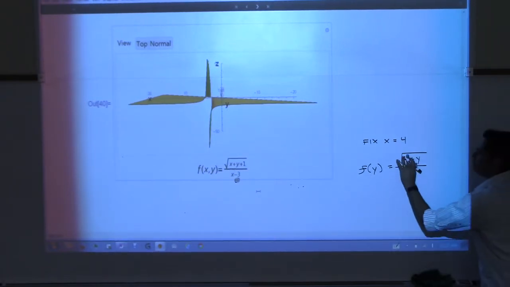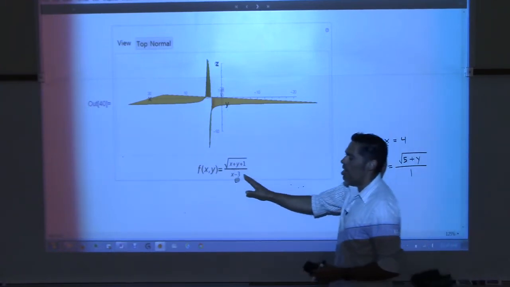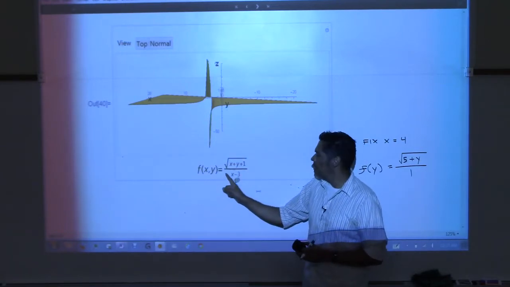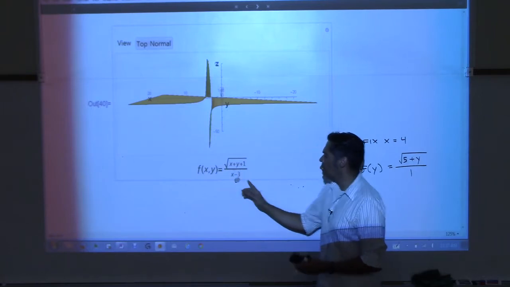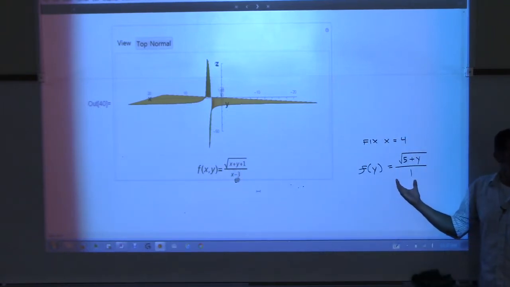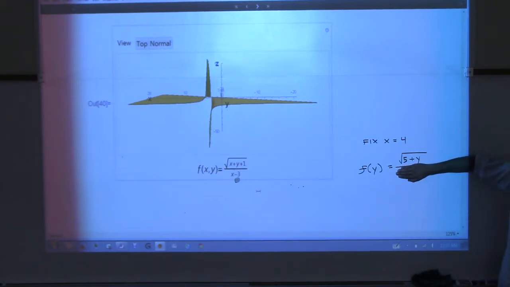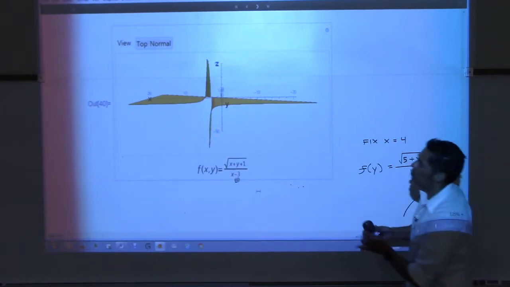So if I just go to this function and say I'm always going to let x be 4, then that becomes 4 plus 1, that's 5. That becomes 4 minus 3, that's 1. So it just becomes this function, right? What type of function is this? That's a square root function. Good old classic square root function, which should look like this, shouldn't it? And that's exactly what we're seeing here.